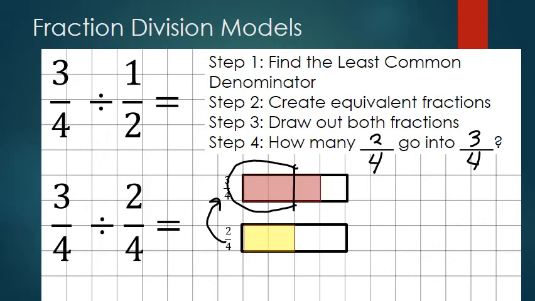In our first part, we see that there are 2 out of 2 shaded in this group, so that equals 1. We have 1 here. Then if we cut and circle the last group, we know that there is 1 out of 2 shaded.